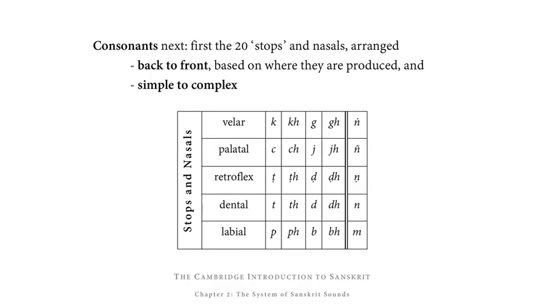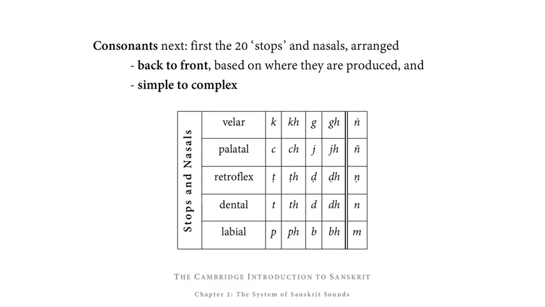So k, kh, g, gh, ng. We think of them as ordered from simple to complex because k is a sound that is unvoiced and unaspirated. Unvoiced means that voice, i.e. vibration in your vocal cords, is absent. When I say k, my vocal cords don't vibrate, whereas if I say g, which is voiced, they do vibrate.